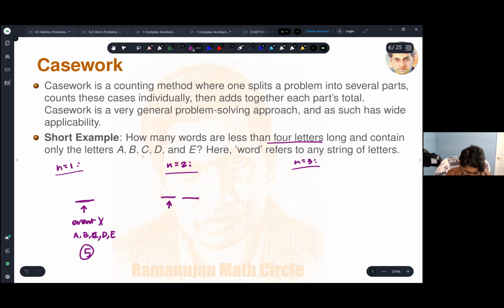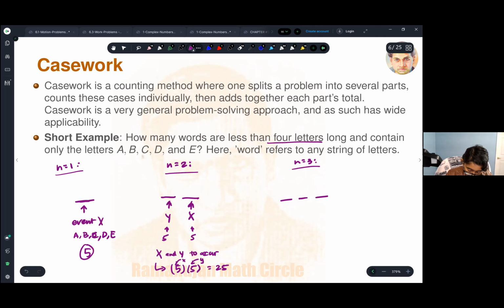When n is equal to 2, there's an X event and there's a Y event. Here there are 5 possibilities, and here there are 5 possibilities. For X and Y to occur, we use our multiplication principle, so it's going to be 5 times 5, the number of choices for x times the number of choices for y. So that would be 25.